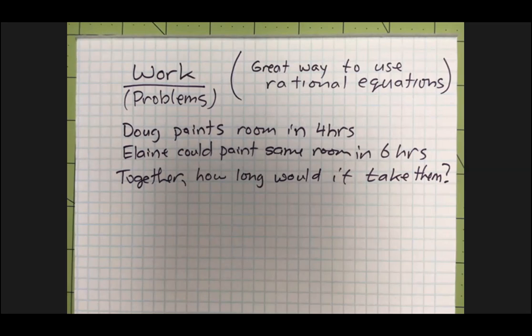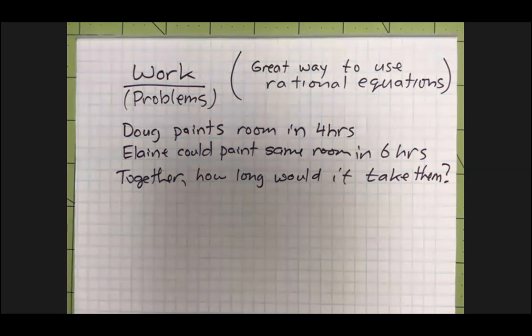No, that doesn't make sense either, because again, if Doug can paint in 4 hours and Elaine's helping, it won't take longer to paint the room than Doug could paint it by himself. Okay, see, so something is not right here. You're not sure how to make the equation. I'll show you how to make the equation, and it's a great way to use rational equations.